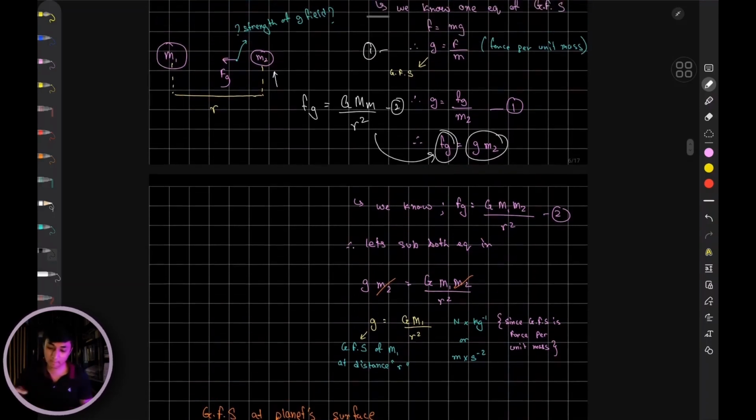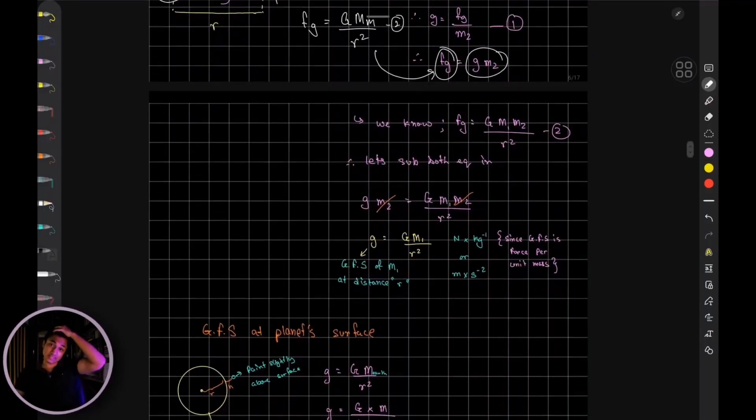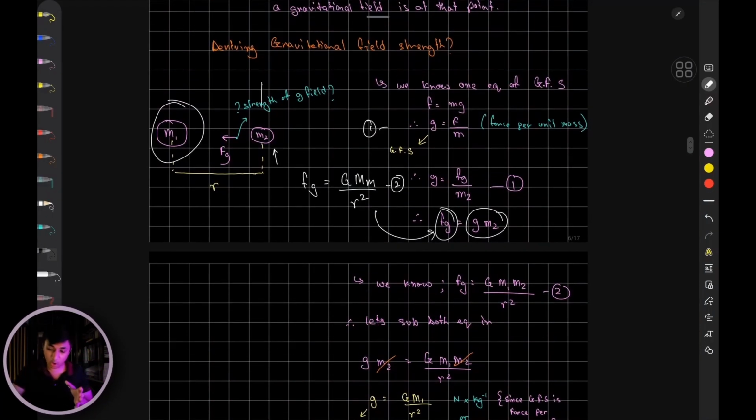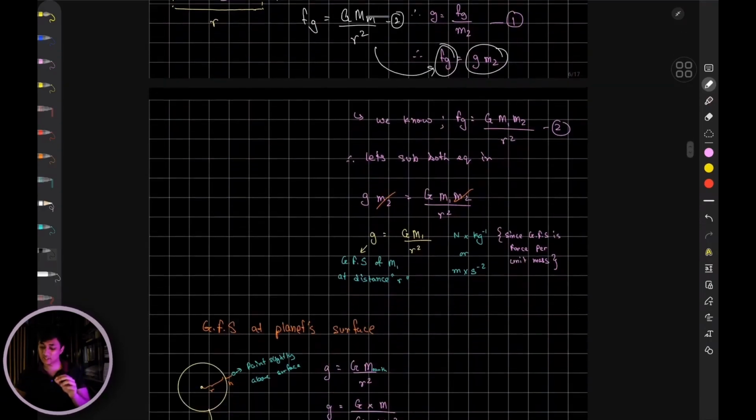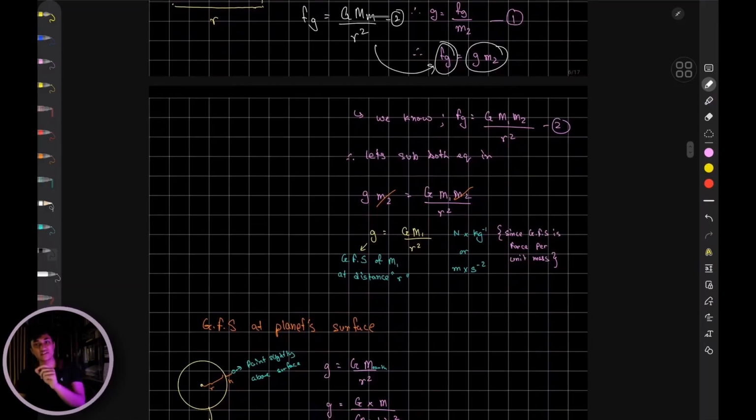That is the mass of Earth, whose gravitational field strength you're measuring, divided by the separation at which the m2 mass is. Therefore, gravitational field strength is given by the gravitational constant times the mass of itself divided by the separation squared.